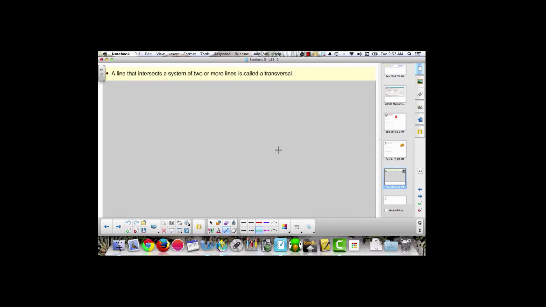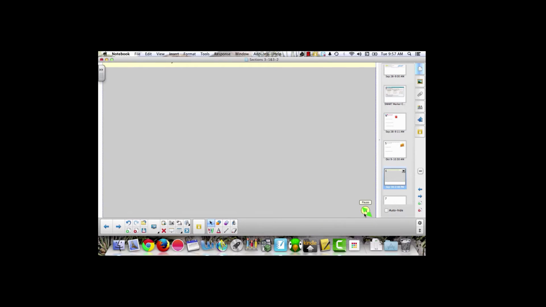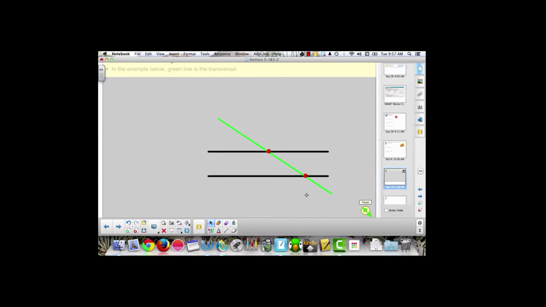A line that intersects a system of two or more lines in two different places is called a transversal. Here's some examples of a transversal. Here are two lines, and a third line that's intersecting those two lines in two different places.